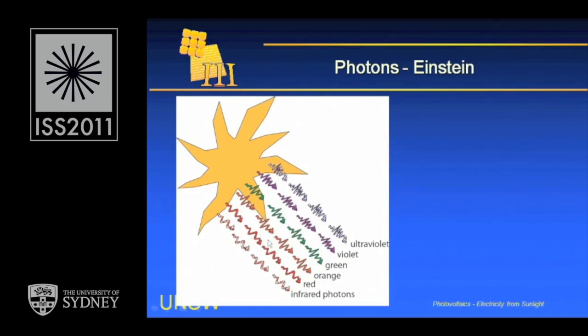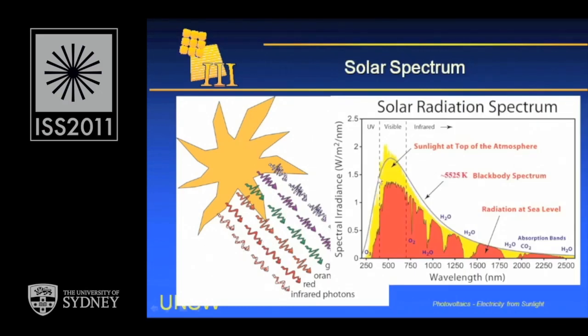If we look at the sunlight distribution, the yellow curve there is the sunlight distribution outside the Earth's atmosphere, and shown there is a black body distribution at about 5,500 degrees Kelvin. So you can see that the distribution of light reaching the Earth from the sun is quite similar to that from a perfect idealized black body in terms of the wavelength composition of the sunlight.